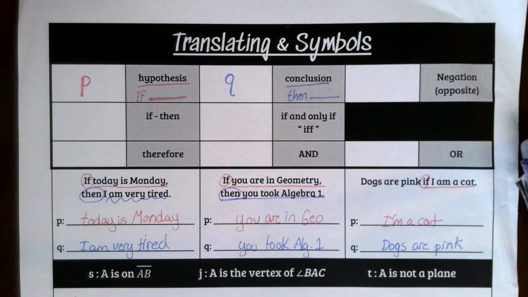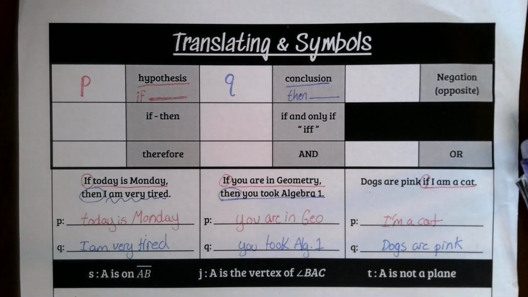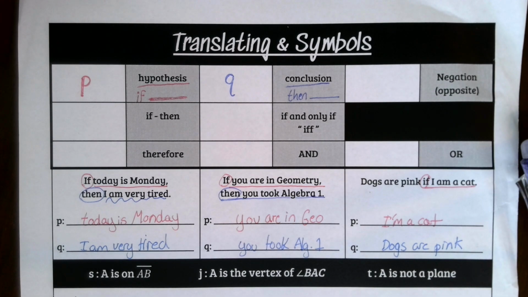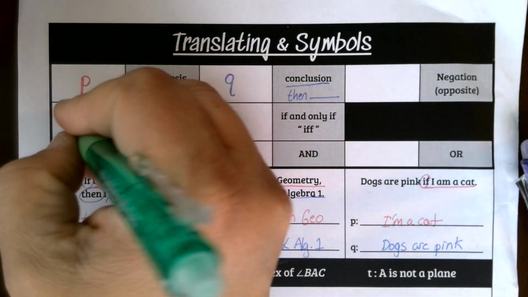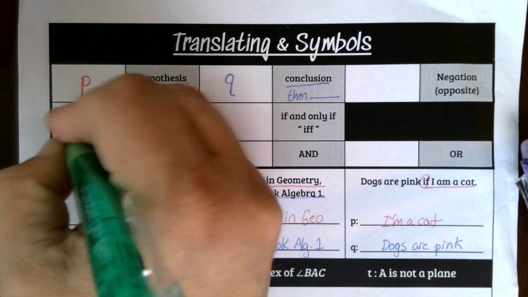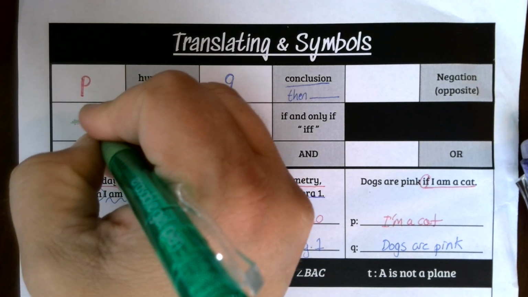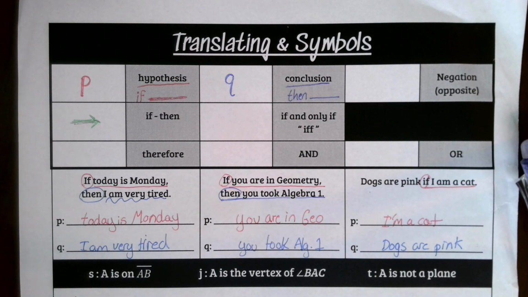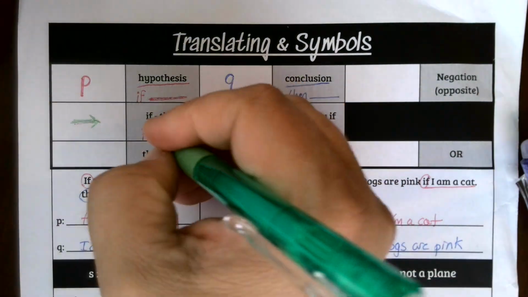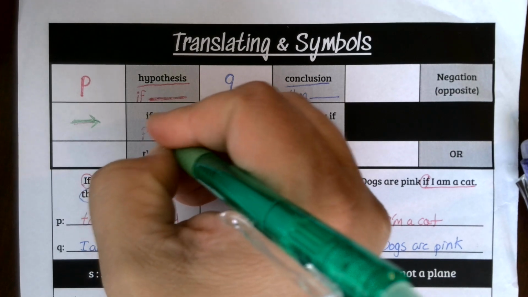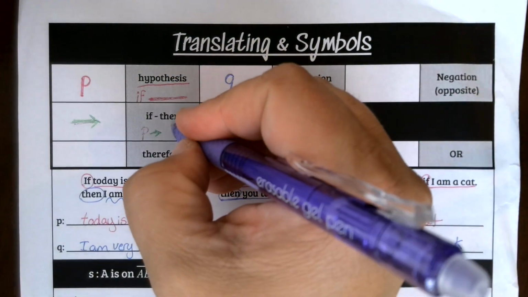Okay? Alright. So, there's some other symbols here that we're going to talk about and take a look at, alright? So, when we're making if-then statements, this symbol denotes that we're making an if-then statement, okay? If you have an arrow, it's pointing like this, and what you'll usually see is P and then an arrow and a Q, right?